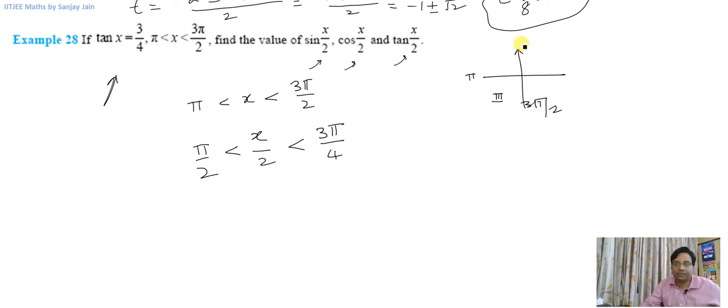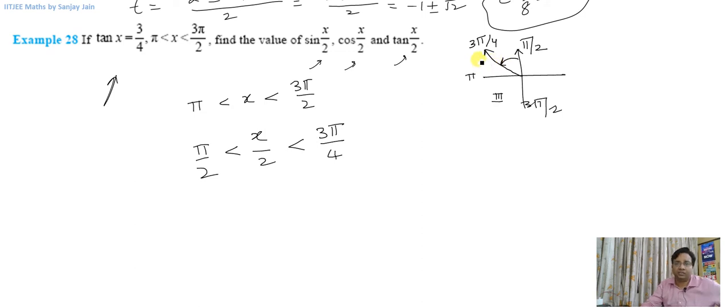This is pi by 2 and 3 pi by 4 is here, right? Because this is pi by 4, this is 2 pi by 4, this is 3 pi by 4. Okay. So x by 2 belongs to pi by 2 to 3 pi by 4.